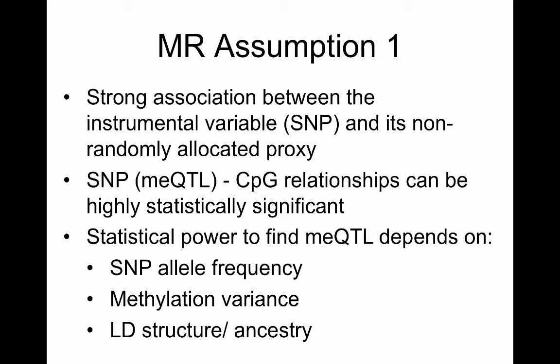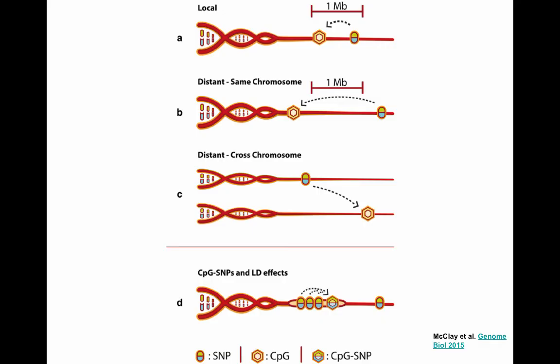So all those things could impact your power to find proper variables for your methylation. There is a really large body of evidence documenting all kinds of such variables, or mQTL, and they're summarized here in this graph. Usually, the physically closer your instrumental variable is to the site of epigenetic variation in the genome, the more robust your associations will be.